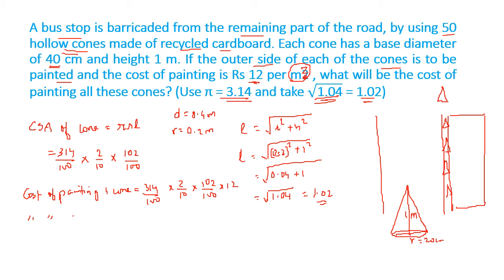So cost of painting 50 cones. Now we have to multiply by 50 also. 314 upon 100 into 2 upon 10 into 102 upon 100 into 12 into 50, 50 cones. So 5 ones are 5, 5 twos are 10, 2 and 2 got cut.